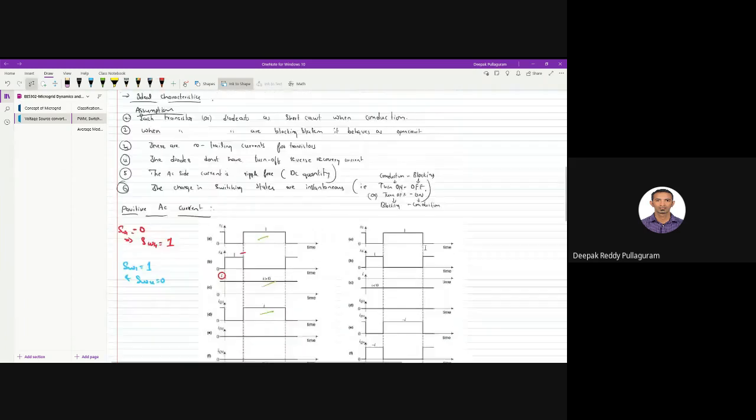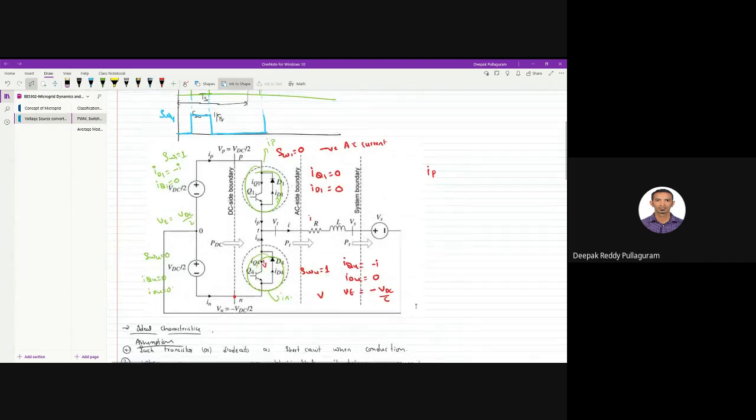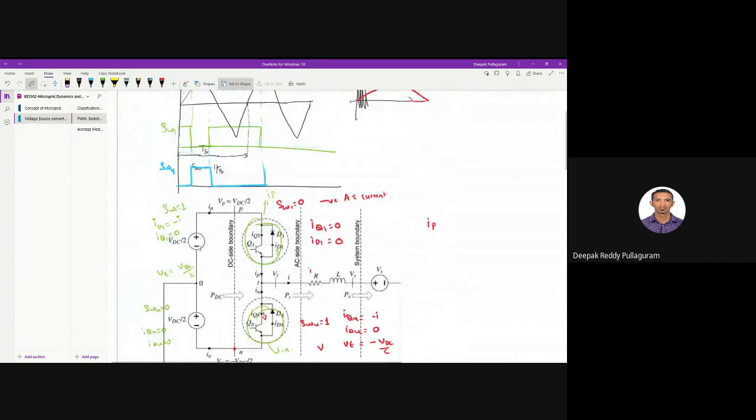IP is nothing but the net current. What is the direction of IP here? From this point to this point. So how can I write it?